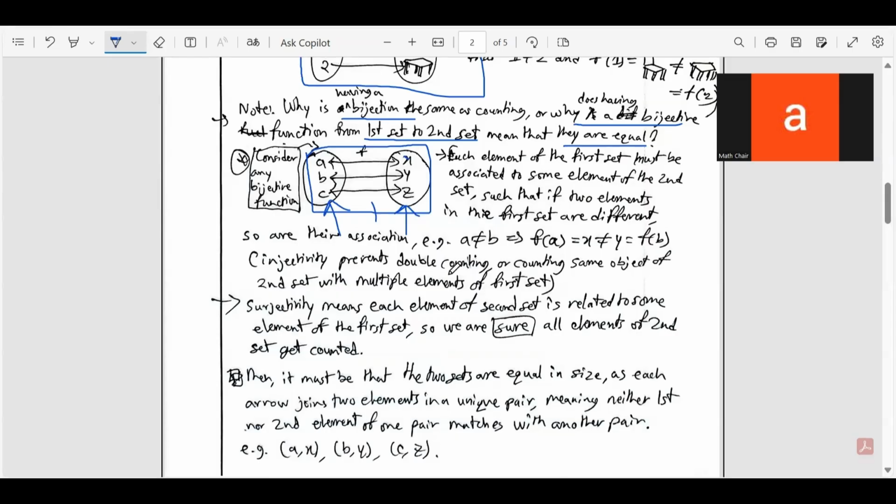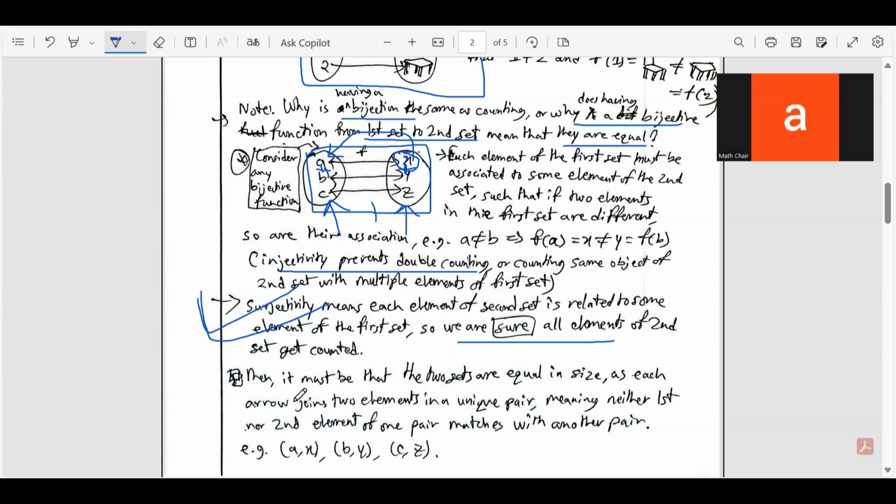Because, as I have just explained, injectivity prevents double counting, in the sense that if two elements are different, I use them to count different things. So I'm not counting twice. And surjectivity guarantees that each element of the second set is associated with someone from the first set. So in essence, I've counted everyone, that's for sure.